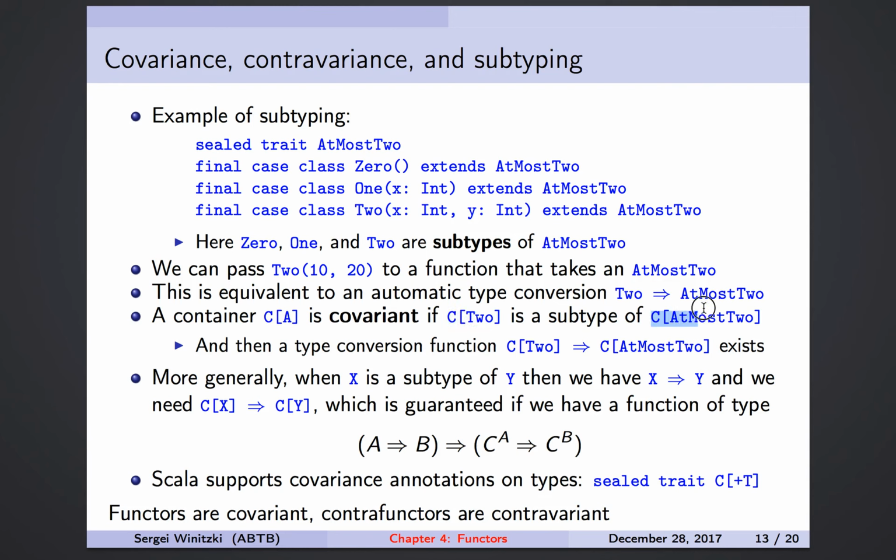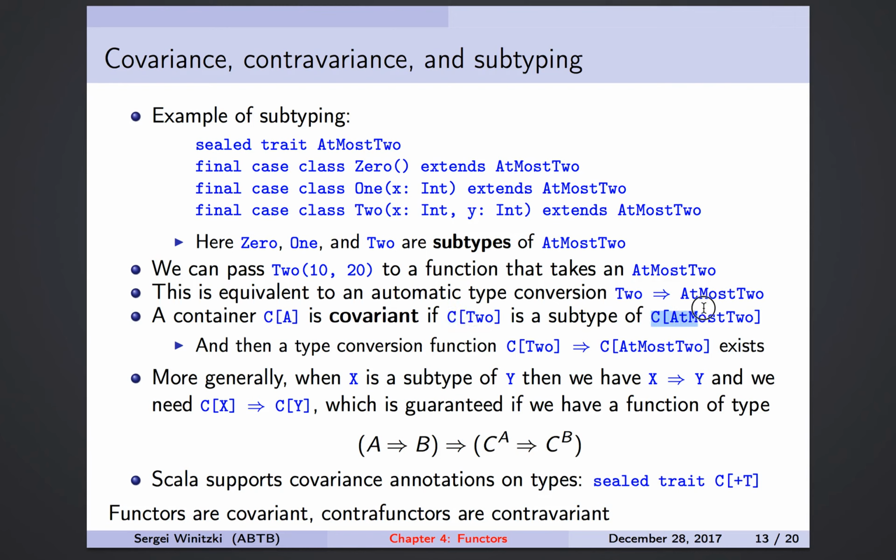So this 2 is a subtype of at most 2, and then C of 2 is also a subtype of C of at most 2. If that is so, then C is called covariant. And then you have this type conversion function automatically available whenever you need it.